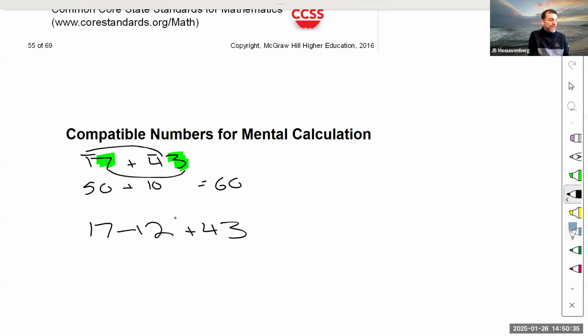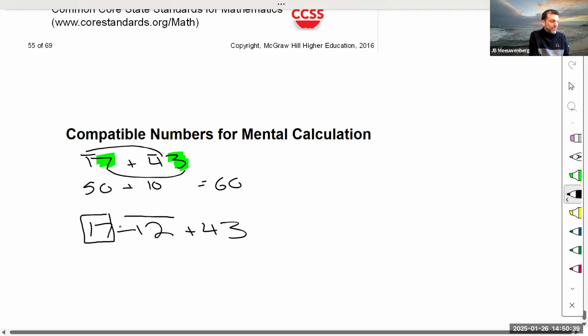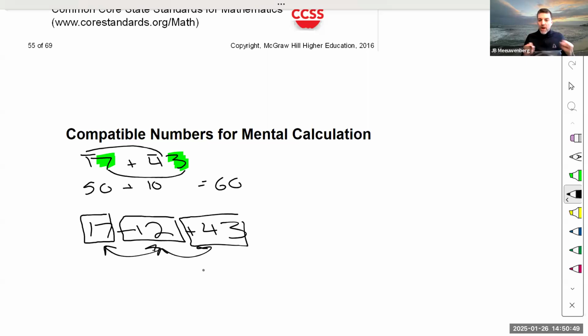But these 3 things, I'm going to block in the 17, the minus 12, and the plus 43. We can really move these things wherever we want because of the commutative property of addition, which we talked about before. So long as we make sure that the minus stays right in front of that 12 and that the plus stays in front of that 43, okay?